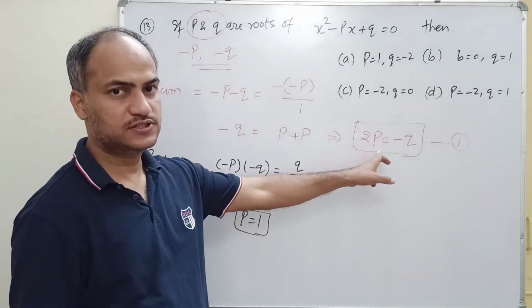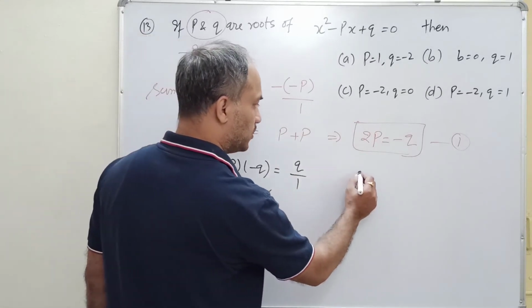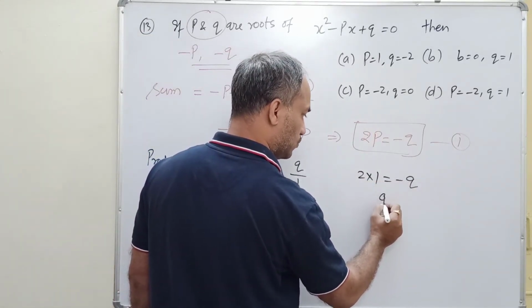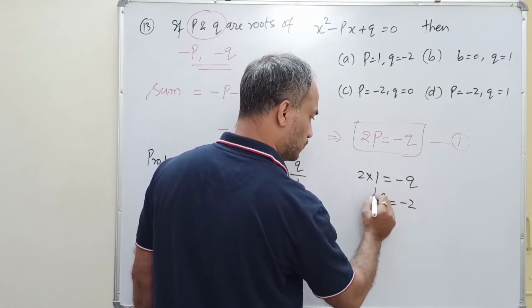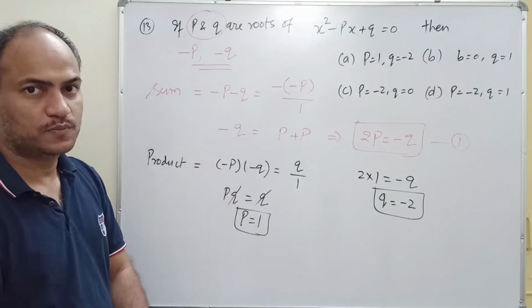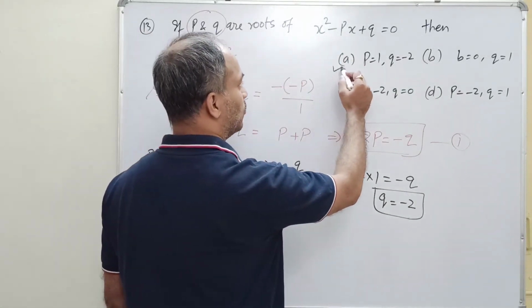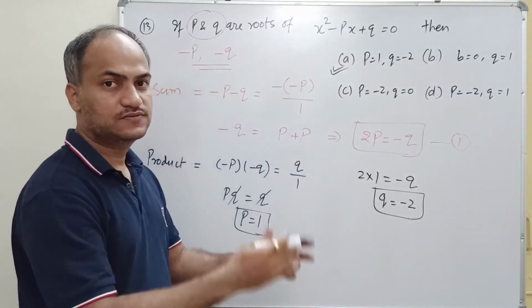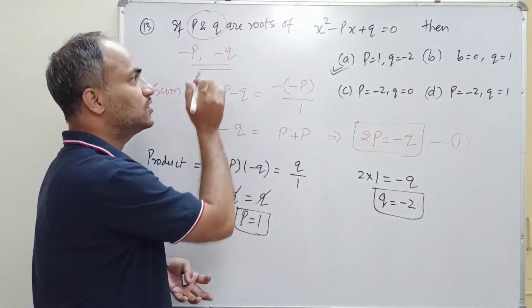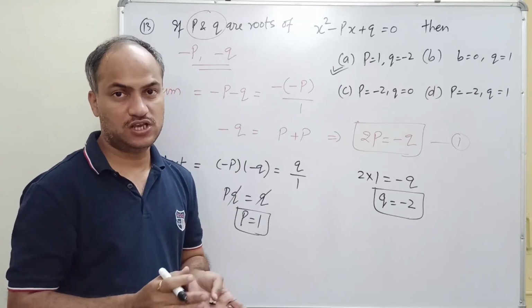And we put p is equal to 1 here, we get 2 into 1 is minus q. So q is equal to minus 2. So q is minus 2, p is 1. Do we have any option? Yes, we have option 1. And this was the option given in R.D. Sharma. So this was the required change in the question, and the question was actually wrong.